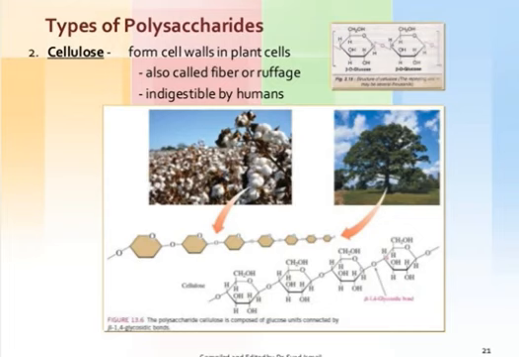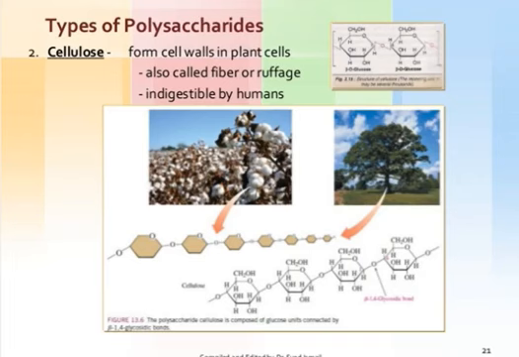Found associated with other structural substances such as lignin. Then it has some properties. It is fibrous, tough, white, solid and insoluble in water. It lacks sweetness. Does not give any color with iodine.